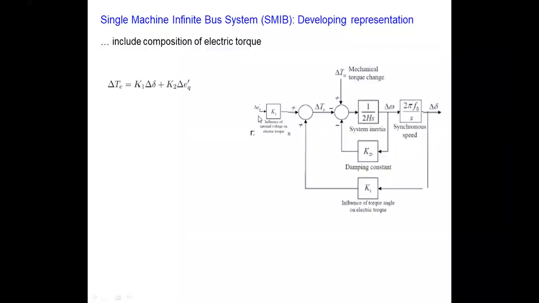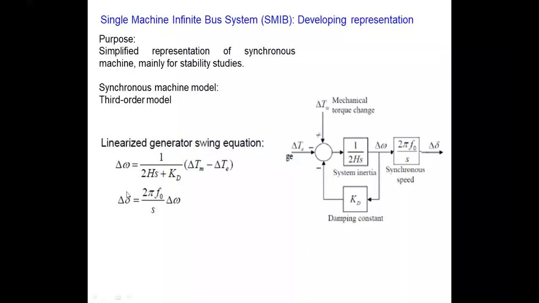So we have the generator state variable delta Eq prime, and this is one state variable, and then these are the two state variables.